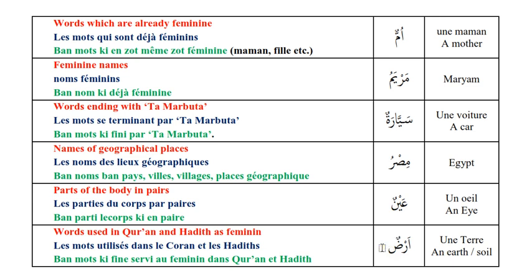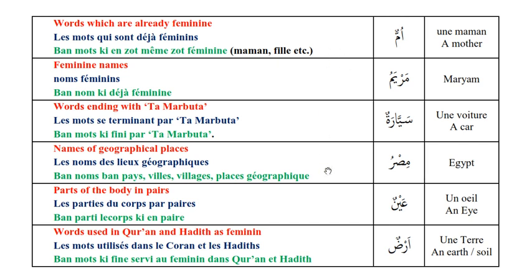If we want to make it definite, we have to add al in front and we change the dammatan to damma. Ardun becomes al-ardu. Another example, shamsun. Shamsun, the sun. Shamsun, it ends with dammatan. If we want to make shamsun become definite, we place al in front and we change the dammatan to damma. Shamsun becomes ash-shamsu. So today we are going to learn these 6 categories.